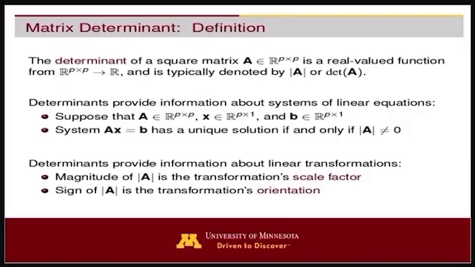Blood pressure is my outcome variable. This is X1, and this is X2. So I'm going to use a multiple linear regression model. That is my model in matrix form.